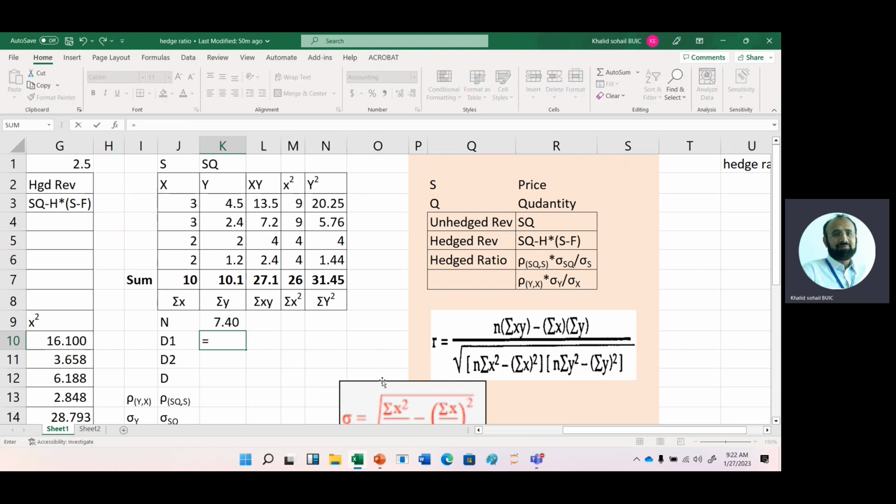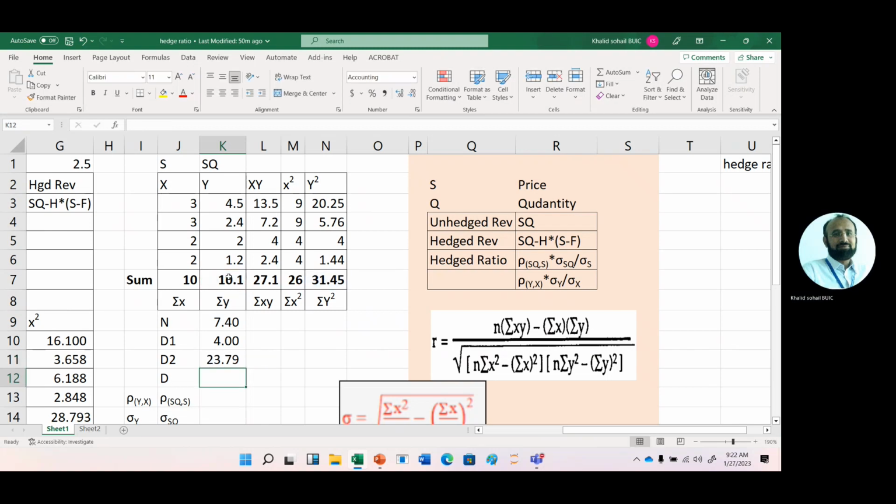Now for D1, we have n summation x square, this one, minus summation x whole square, part 2. And for D2, 4 multiplied by summation y square minus summation y whole square, part 2.